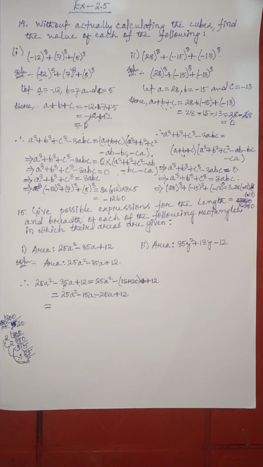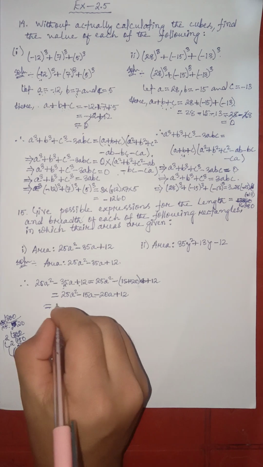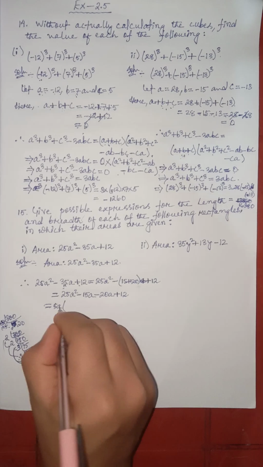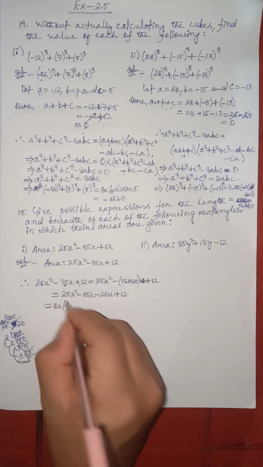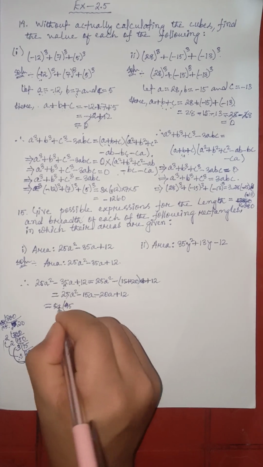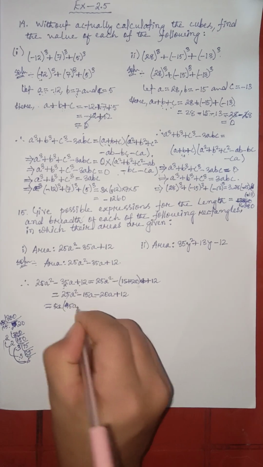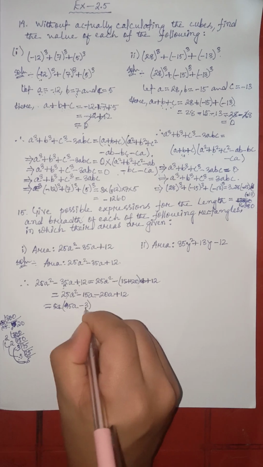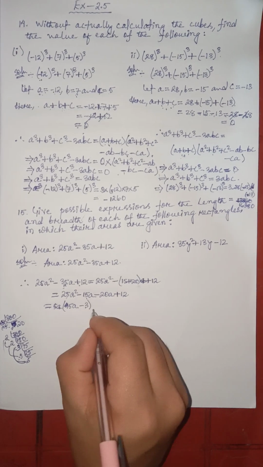Now, our next step will be to take out some common from this. In order to take this, first of all, let us take 5a. 5 times 5 is 25, and a times a will give you a square. And 5a into 3, if you multiply this, then you get 15a.